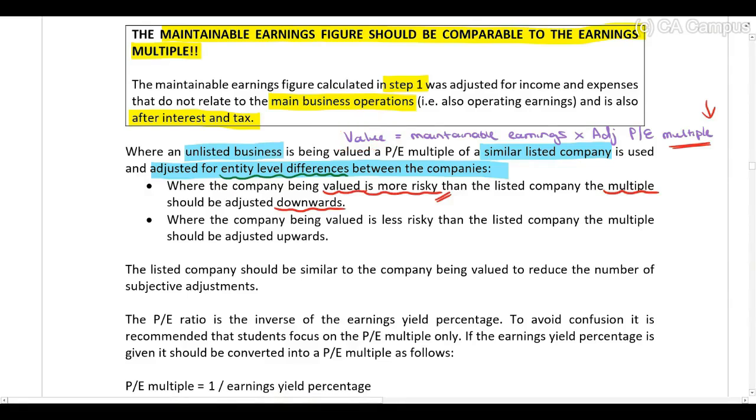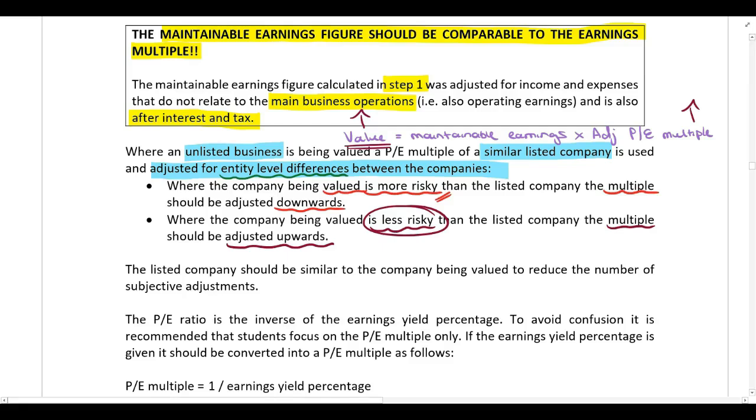And the opposite is obviously also applicable. If the company that we are valuing is less risky, then the multiple needs to be adjusted upwards. So if we adjust this multiple upwards, that is going to cause the value of the company to increase. And if a company is less risky, then its value should be higher. So please think about it logically when you are making these adjustments.